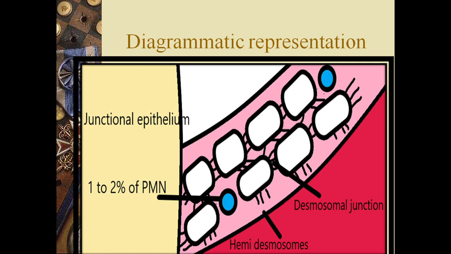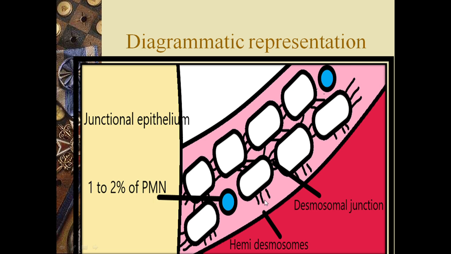So let us see the diagrammatic representation. This is junctional epithelium. The junctional epithelium cells or keratinocytes are united to one another by desmosomal junction. These are desmosomal junctions.